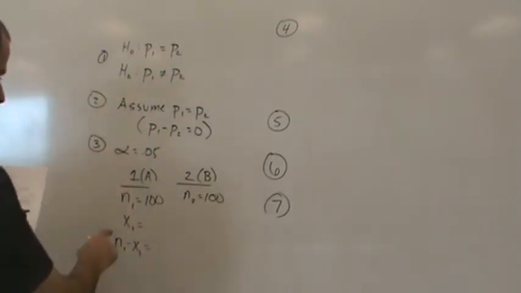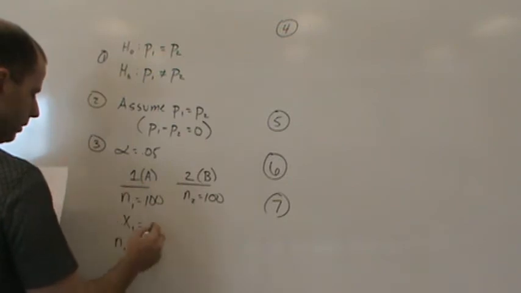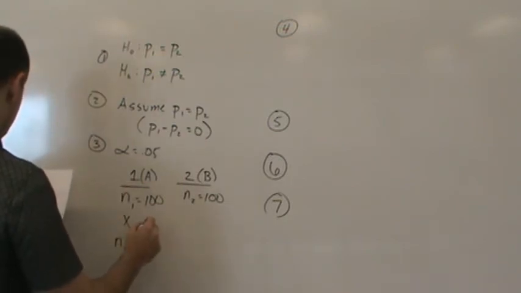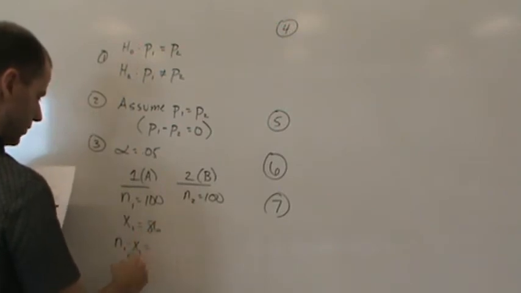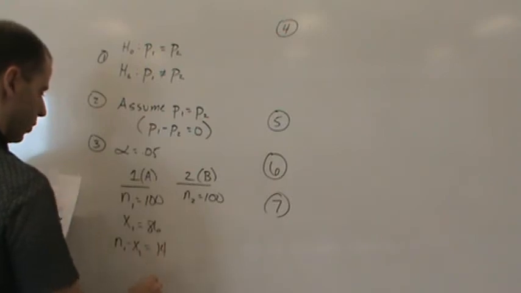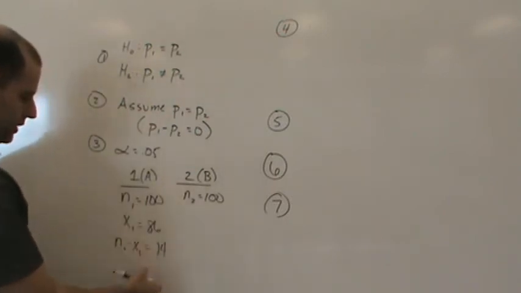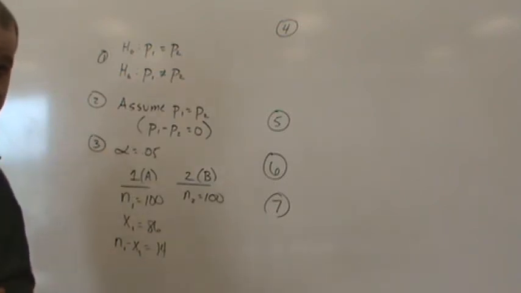So the ones that didn't fail was what? 14 cracked, which means 86 didn't. And so the number of failures is 14. So again, by the way, you can switch these numbers. As long as you're consistent, you'll get the same answer. Okay?